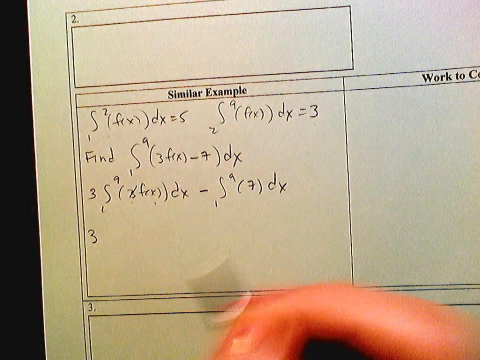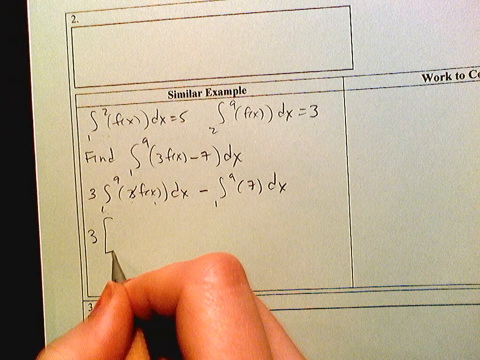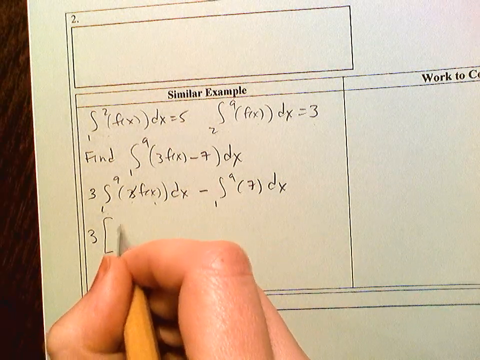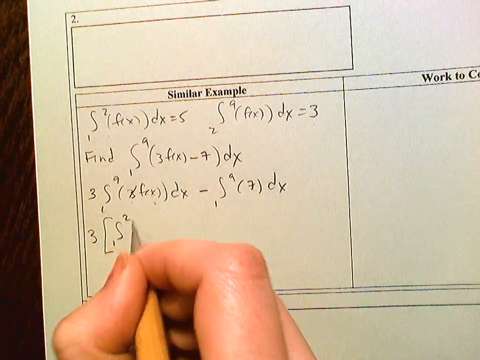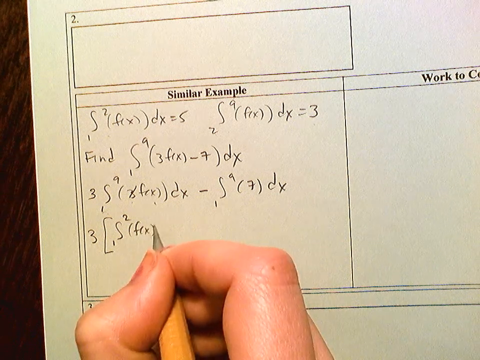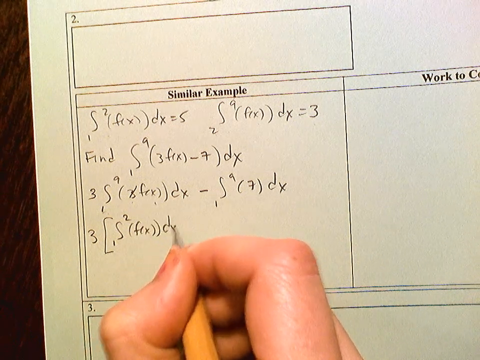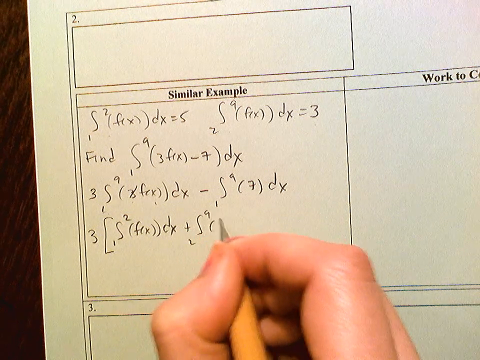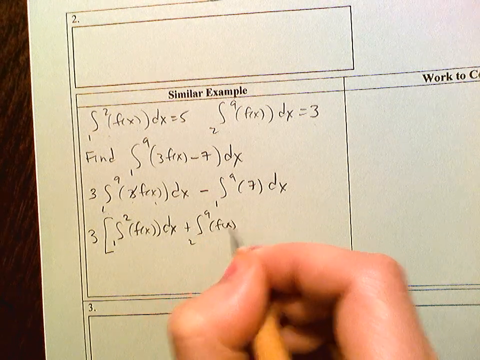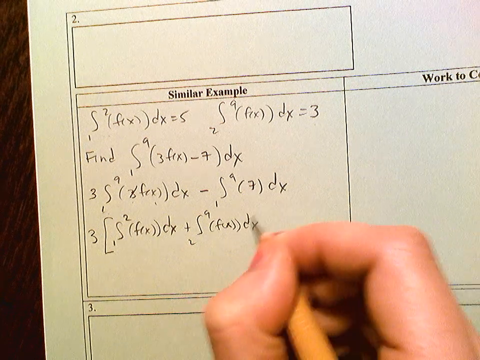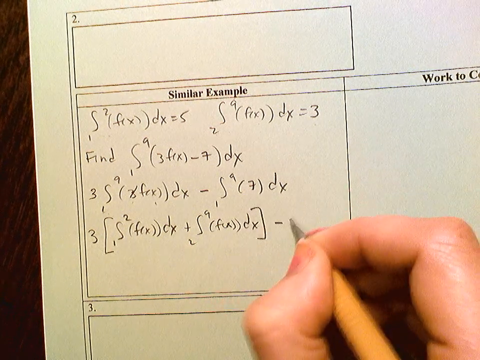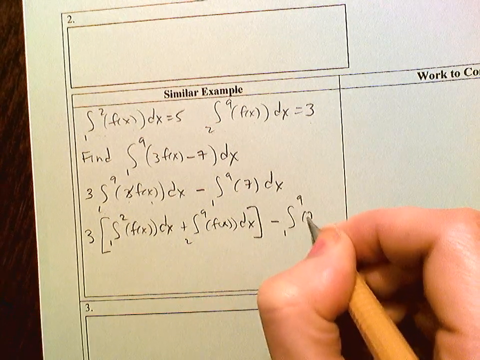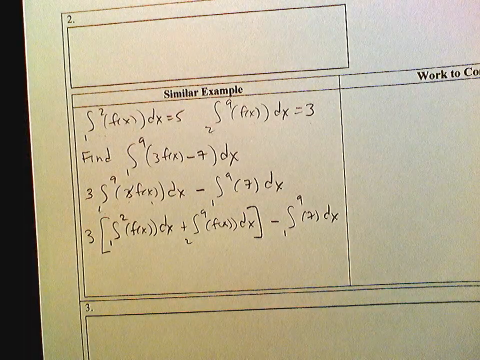So this is 3 times, in a bracket, the integral from 1 to 2 of f of x plus the integral from 2 to 9 of f of x, close bracket, minus the integral from 1 to 9 of 7 dx.